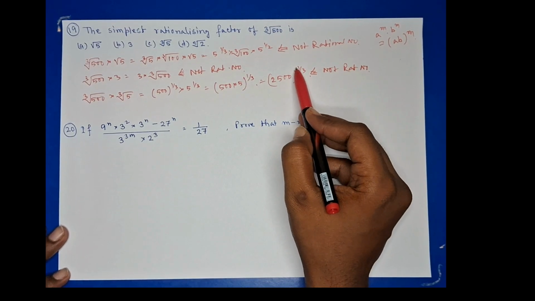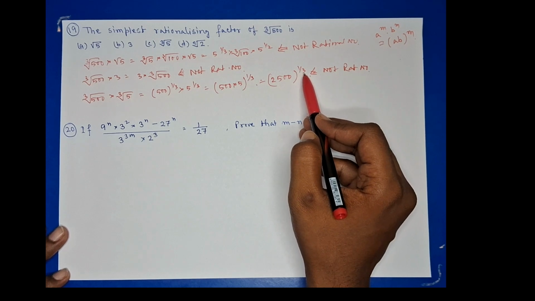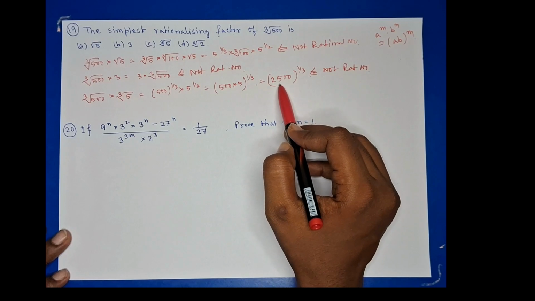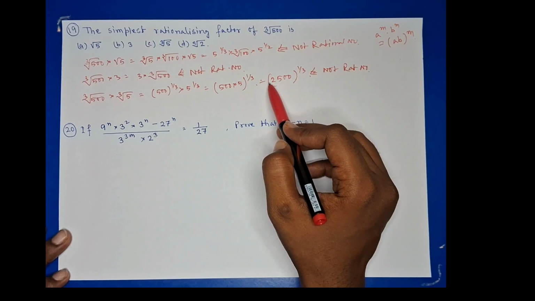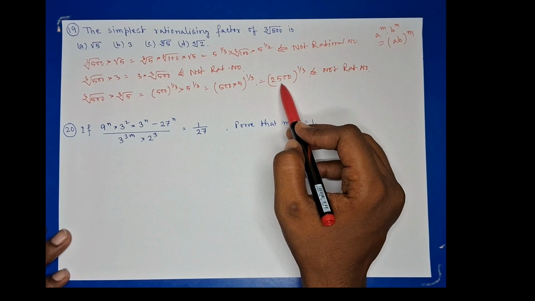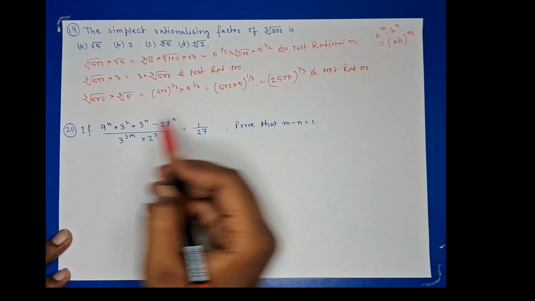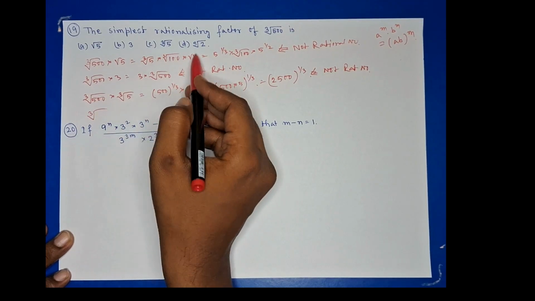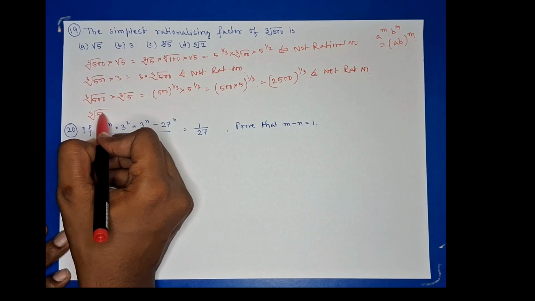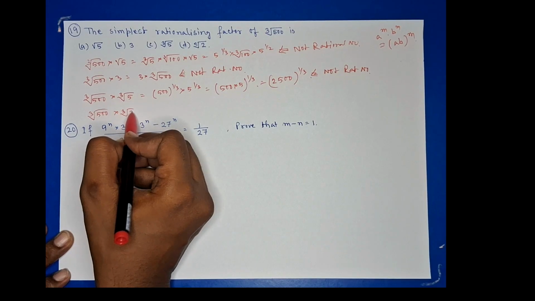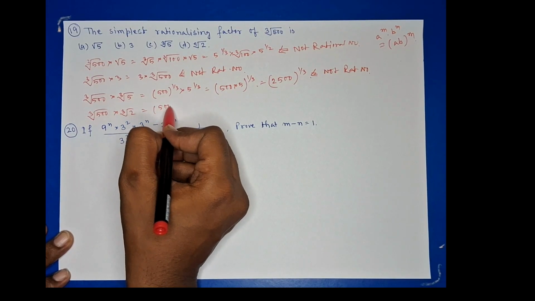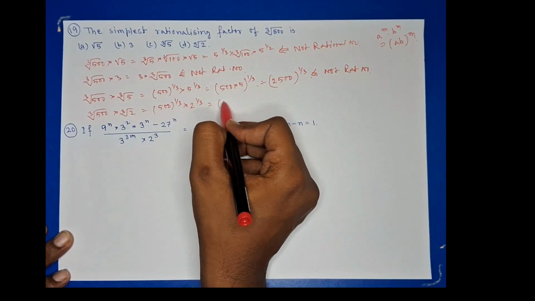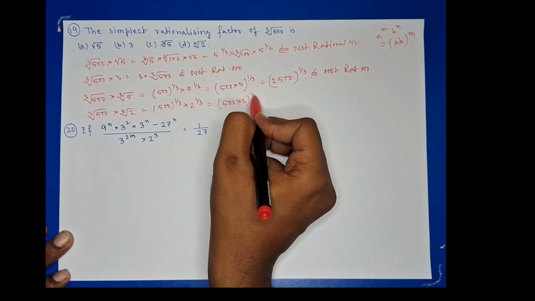If instead of 1 by 3 it was 1 by 2, then we could have said that this is a rational number. If it is square root of 2500, this would have become 50. Now let us check with option D. Cube root of 500 into cube root of 2, 500 to the power 1 by 3 into 2 to the power 1 by 3. So we are multiplying 500 into 2 whole to the power 1 by 3.